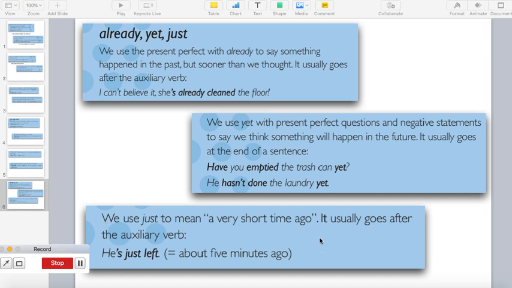That's an example. So, it usually goes, the same as already, after the auxiliary verb. For example, he has just left. It is about 5 minutes ago, 3 minutes ago. I have just finished my homework.